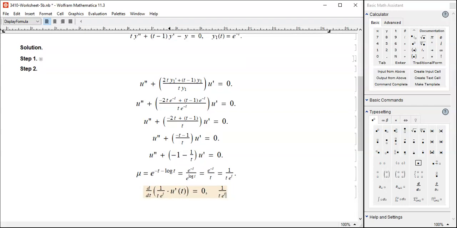Oops. U prime of t is just constant, because antiderivative of 0 is just a constant. And all I have to do now is flip this part over. Is equal to c1 times t times exponential of t, and that is u prime.